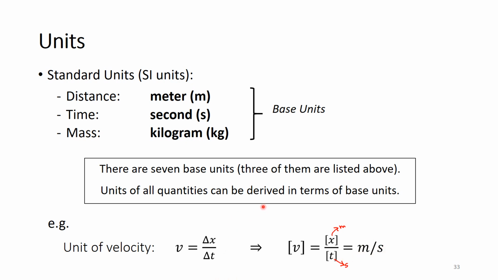And you can use this trick to find the unit of any quantity. Find an equation for that quantity, then figure out the units that go into the equation, then combine the units, and you'll get your unit for the quantity. All right, and you will see that all units that you see in this class can be represented using meters, seconds, or kilograms. These are the base units.